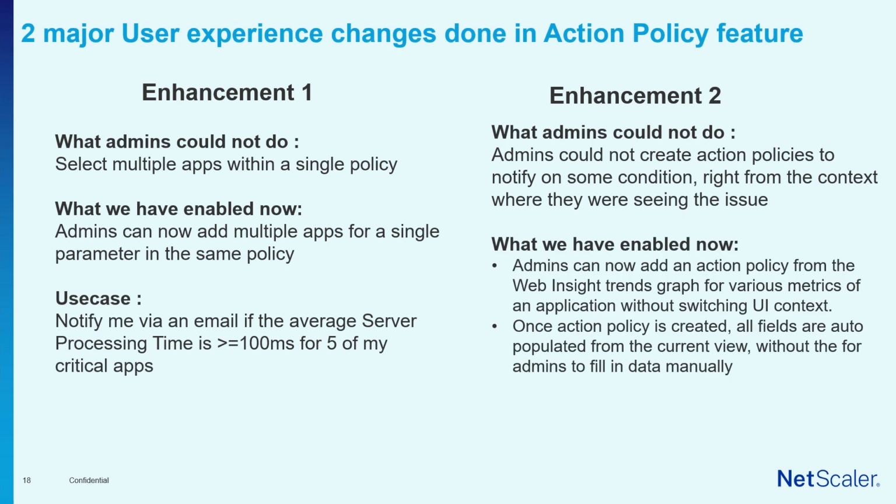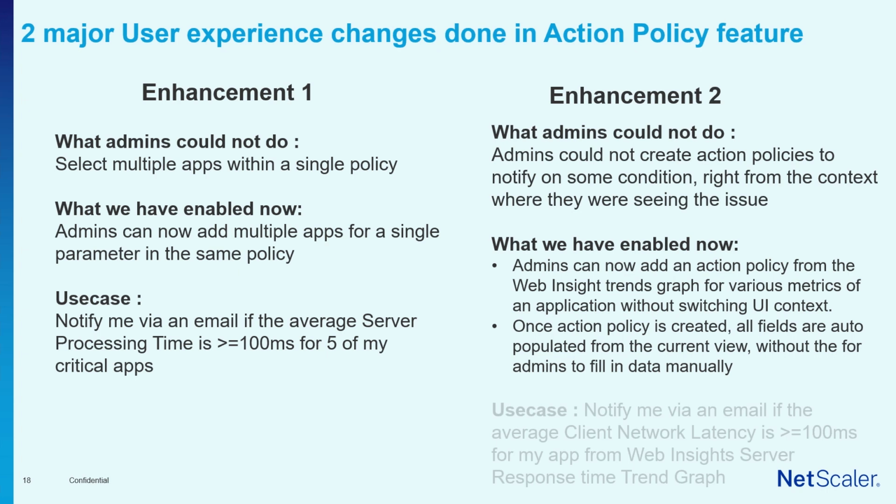One is that when the admin is troubleshooting a problem in the trend graph for any metric in Web Insight, he or she can create a notification for any metric right from the view where he or she sees the problem. And since we are in a context, when the action policy is created, we auto-populate a few fields ourselves and only expect minimum data to be filled or almost no data to be filled by the administrator.